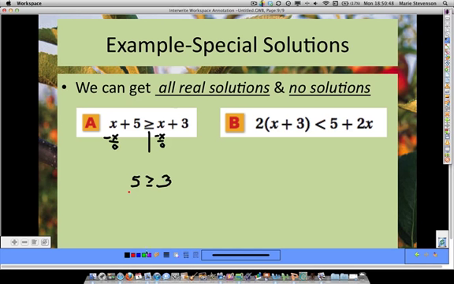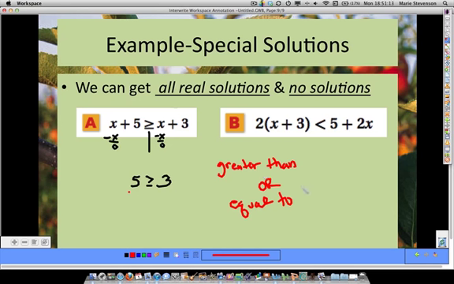Now, here's where you have to really think, and this is where it gets confusing. The question is, is this a true statement? Now this inequality says greater than or equal to. Now, when you think about it, the or means it has to be this or this.